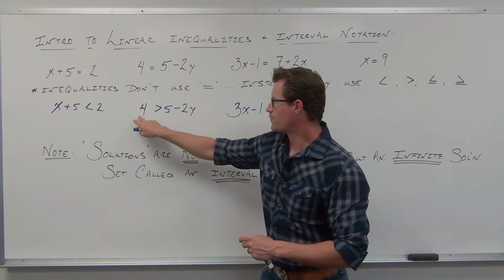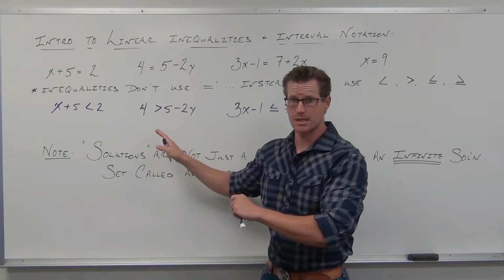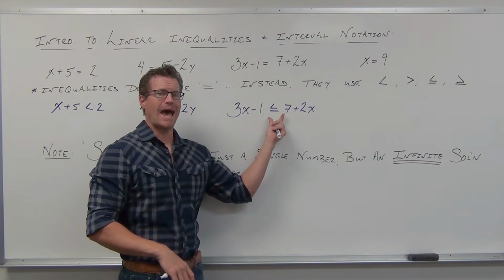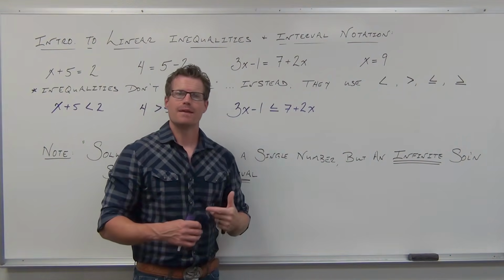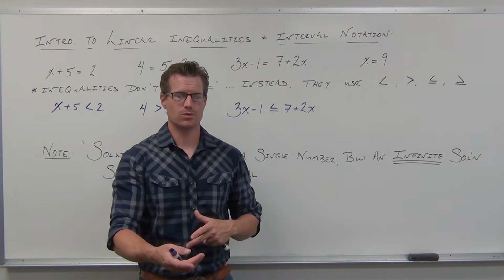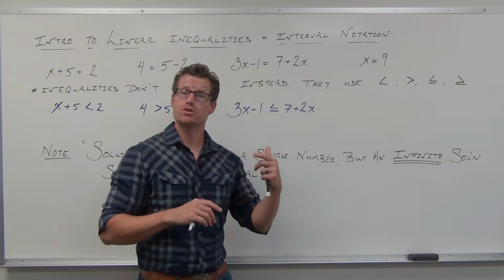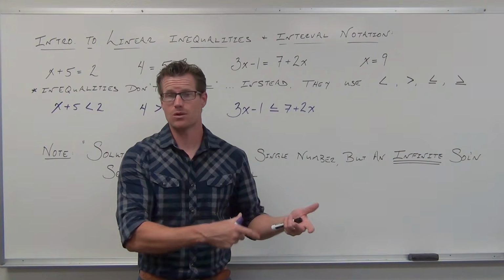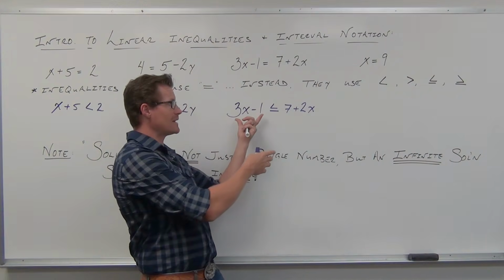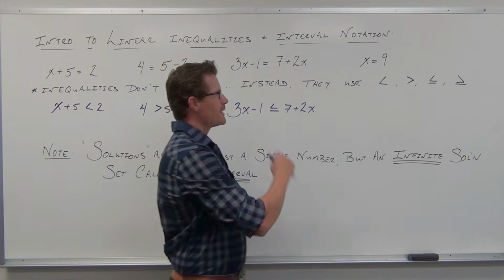This says the 4 must be always bigger than, literally bigger than the right side, never equal to. As soon as we get inequalities that have this little line underneath it, that's a less than or equal to, and that's a greater than or equal to, saying that these ideas still hold true, but we also do accept the numbers that make the two sides equal. Like an equation does, just a lot more of them because we're letting this side less than this side represent more solutions. The last one, how about this?